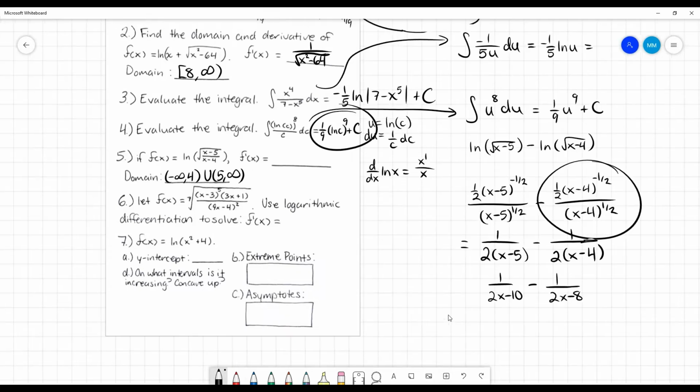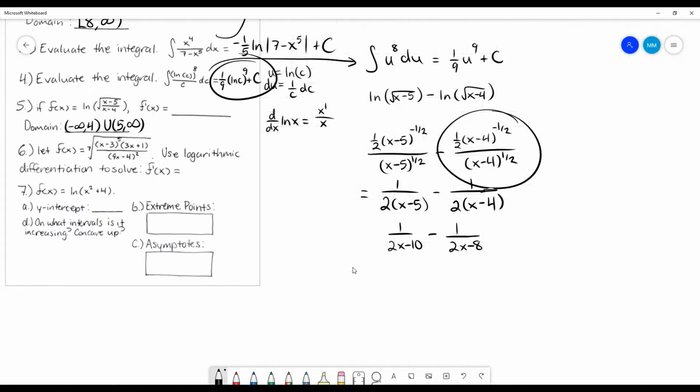And just going to combine like terms, so it's going to be 2x minus 8 minus 2x plus 10 over whatever this multiplied together is. You of course don't have to do quite all of this work. You probably could have left it, honestly, maybe up here. Probably could leave it there and type that in.